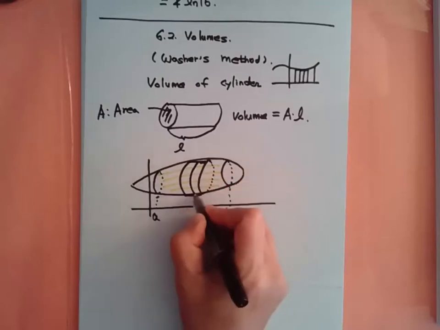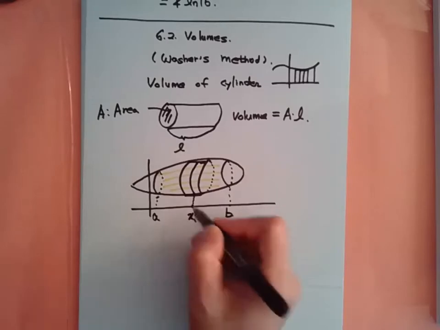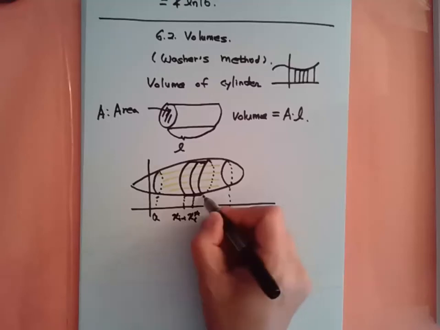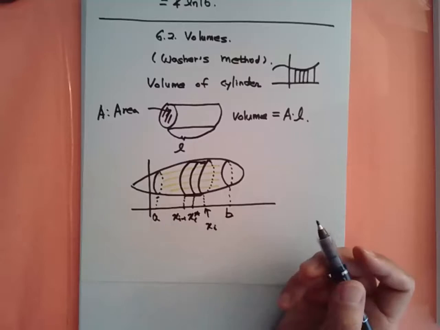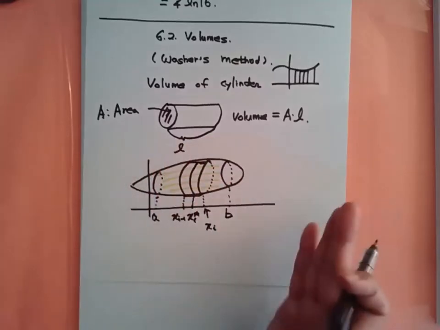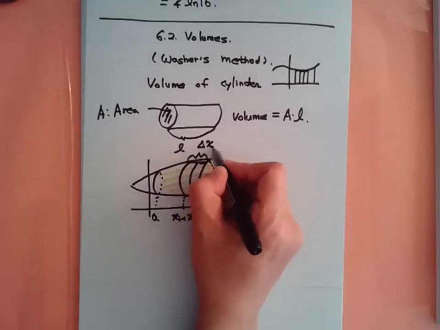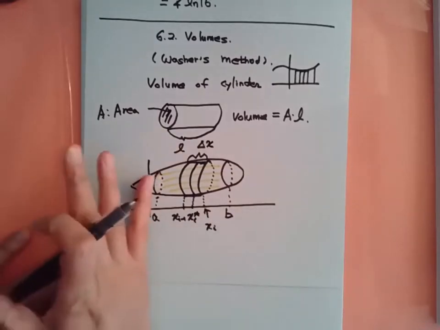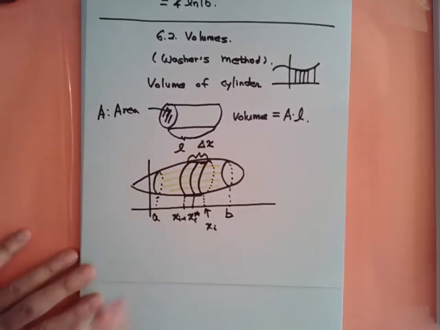And let's say the random point in the middle is xi star. And let's say this is xi minus 1, and this one is xi. Then we are slicing things vertically, and so this thickness can be described as delta x, and we will slice this region with infinitely many vertical sectors.